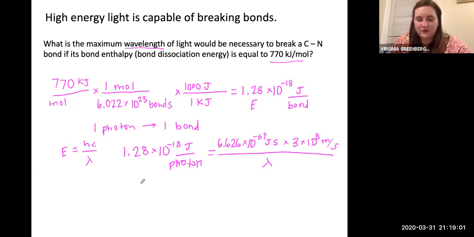And so when I go ahead and do this computation, multiply over by wavelength, divide by my energy, I'll find that lambda pops out as 1.55 times 10 to the negative 7th meters, which is going to be the same as 155 nanometers.